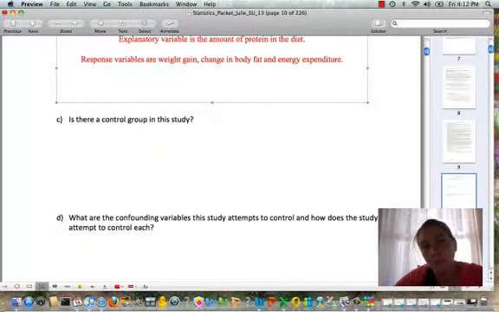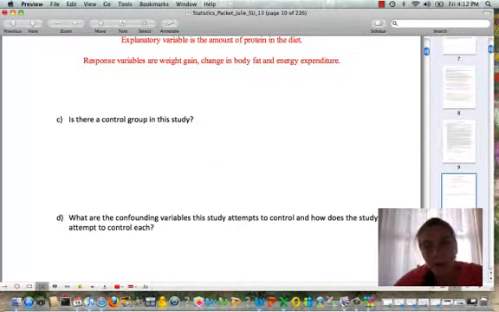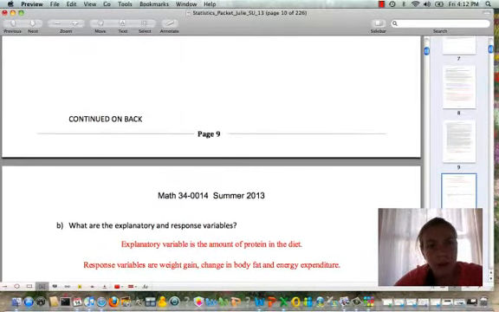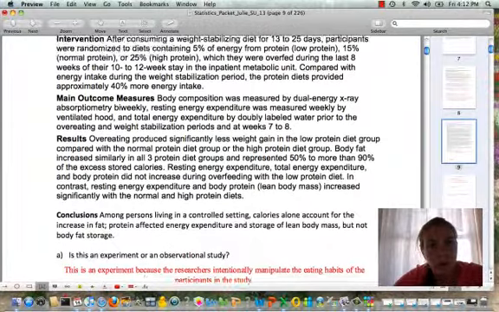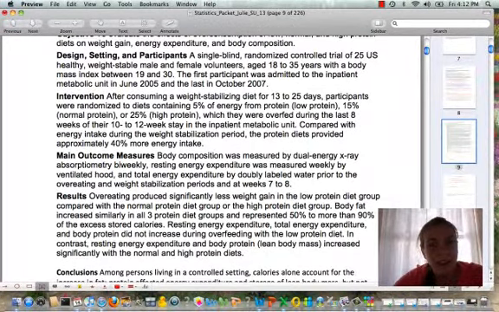And they want to know, is there a control group in this study? So if we look back, when they described, the participants were put into 3 different groups, right? They were put into the low protein group, the normal protein group, and the high protein group.